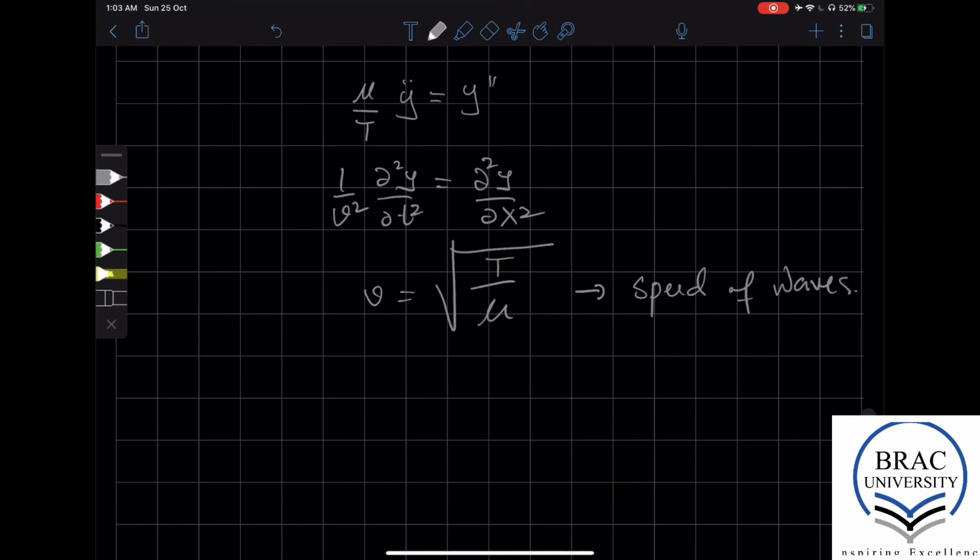And by dimensional analysis, you can show that the right-hand side of this does have the dimension of speed. So this is a very simple example of a classical field theory.